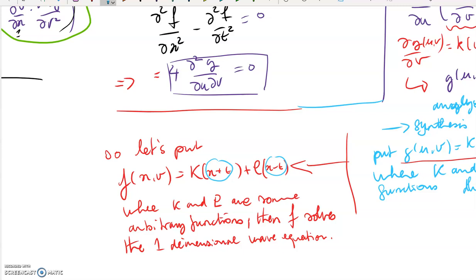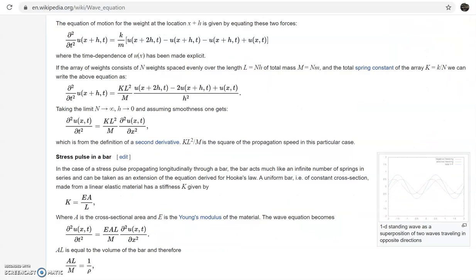I still wanted to say that you determine K and L because actually you will need some initial conditions and some boundary conditions to find a unique solution of this equation. Very similar to what you saw for the ordinary differential equations, where the arbitrary constants were determined by the initial conditions. Okay, so let's have a look at that on the Wikipedia page.